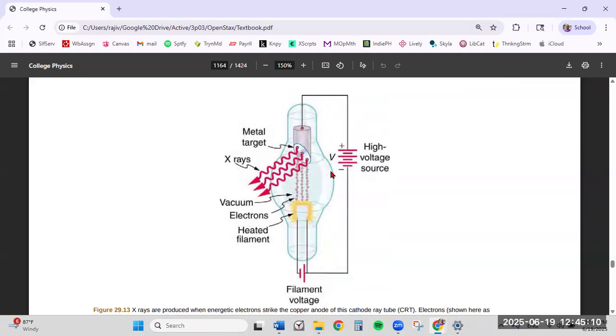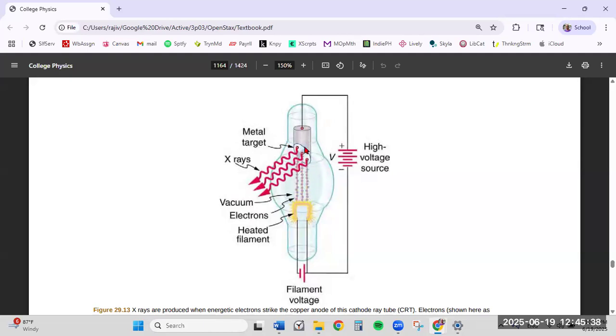This glass bulb that you see here is basically vacuum inside. You don't want electrons to slow down by hitting other molecules in there. So you don't want anything else in there. So it's a vacuum tube, and electrons are accelerated upward, and then they are brought to rest when they hit the metal target.